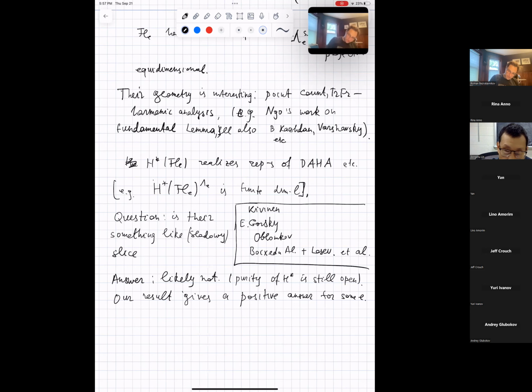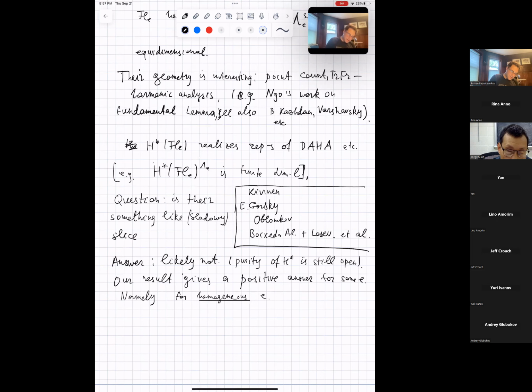Maybe I should first say the keywords, namely for homogeneous E. And the answer is, at least in some approach, based on or related to the geometry of a Hitchin space.